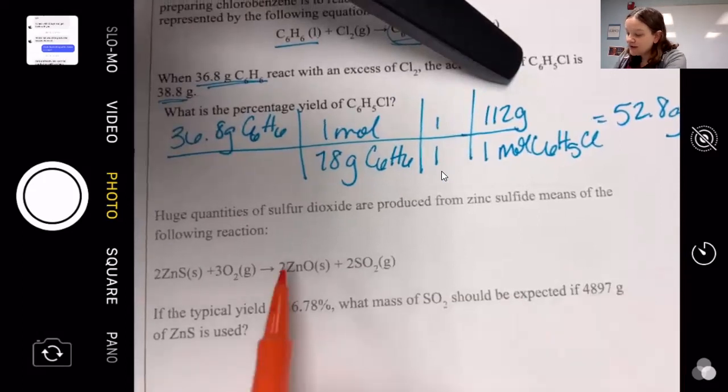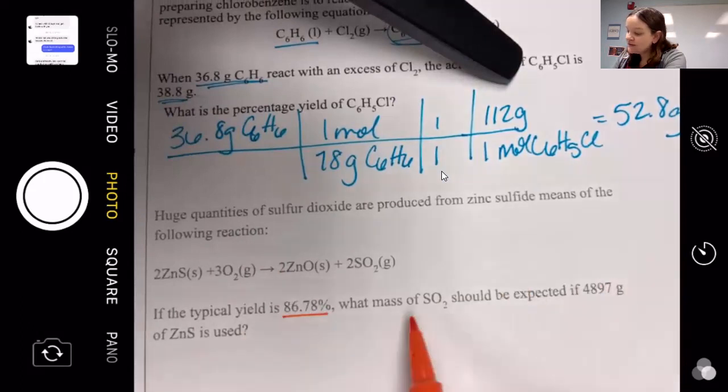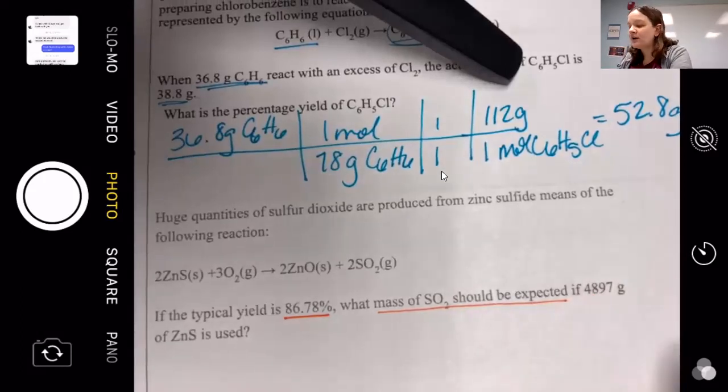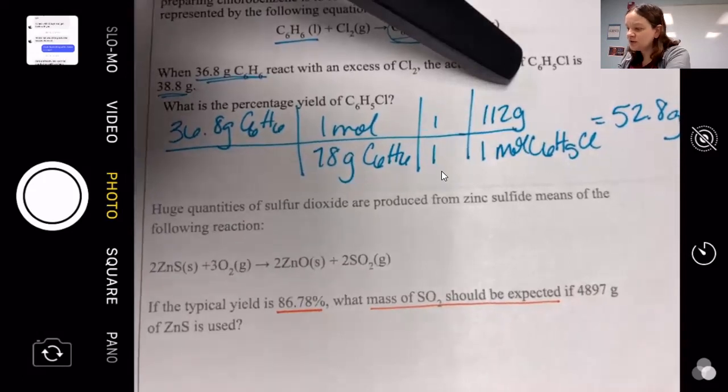This one is giving us the percentage yield, and it wants us to figure out what the theoretical yield should be. No, sorry, we're going to have to figure out the actual yield. To do that, we'll first have to figure out the theoretical yield.